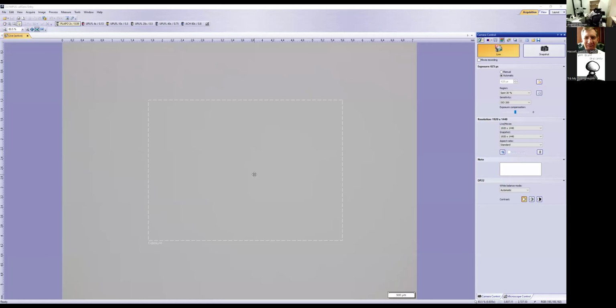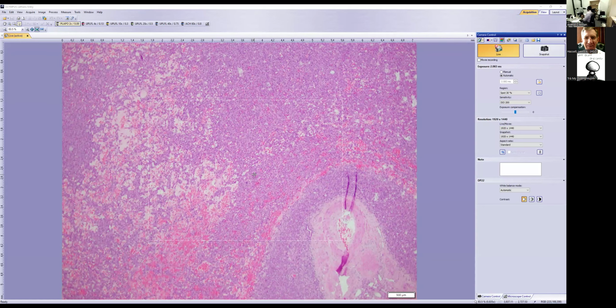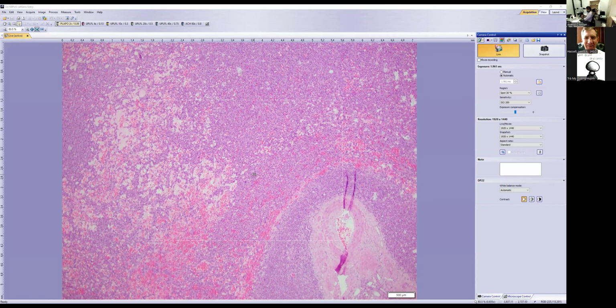As I said, the patient has a history of breast cancer, but this incidental renal mass, which is representative of the entire lesion. I'm going to go on full screen mode. There you go.